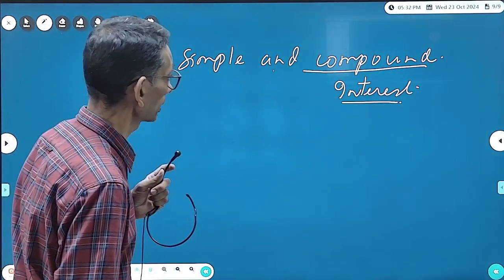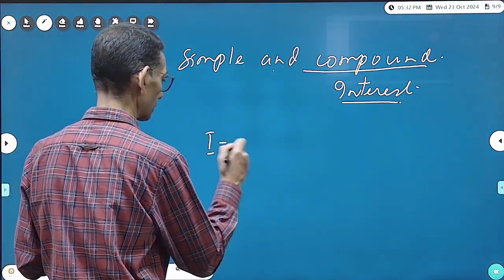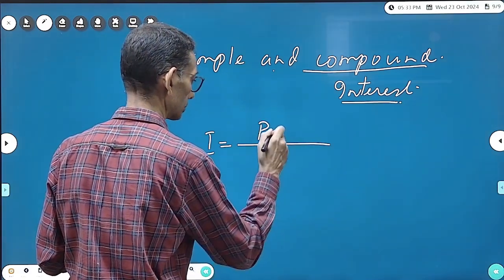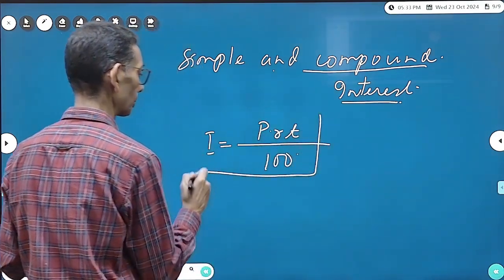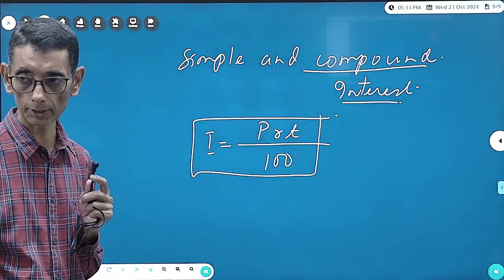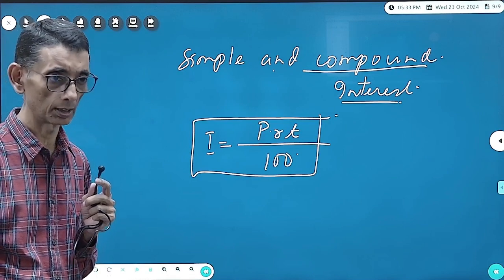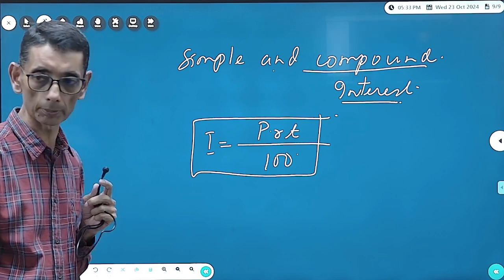Simple and compound interest, okay, right? I think all of you know this formula, I is equal to PRT by 100, right? Have you learned this formula before, in class 7 or 8? Simple interest is equal to principal into rate of interest into time divided by 100.